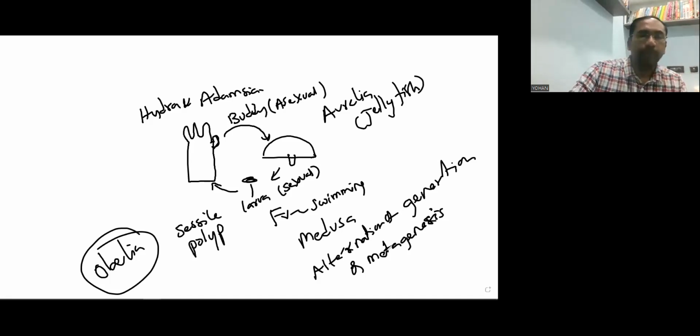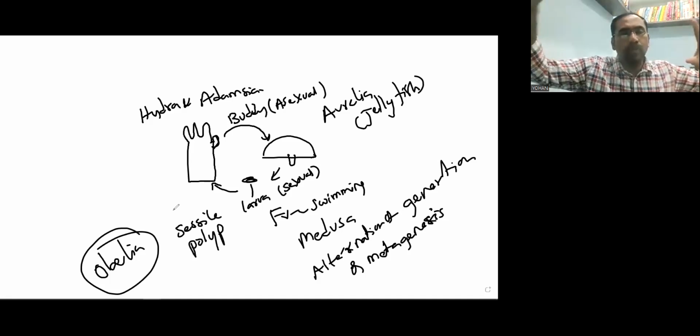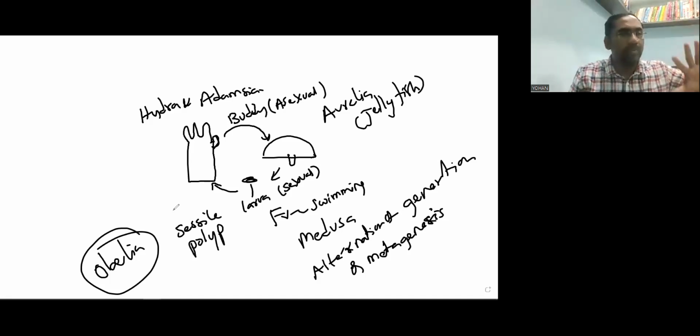Okay, ma'am? I'll repeat once again. Here we can find two types of body forms: cylindrical sessile polyp form and umbrella-shaped free-swimming medusa form. Some cnidarians are polyp form, some are in medusa form, but some show both forms in their life cycle. Best example, Obelia.